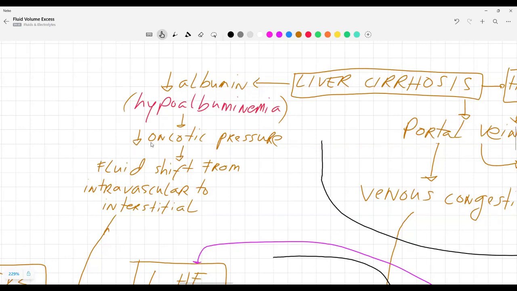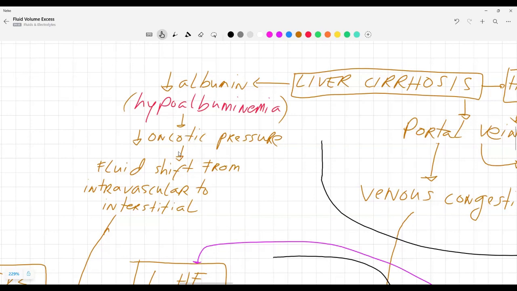but we also have to remember that albumin is responsible for oncotic pressure. So oncotic pressure is that pull of fluid back into the blood vessel. So albumin is responsible for making sure that there is a normal pressure within the blood vessel by pulling fluid back into the intravascular space.